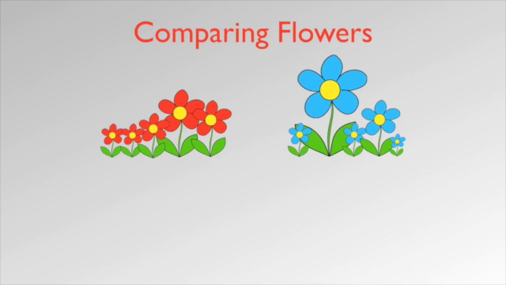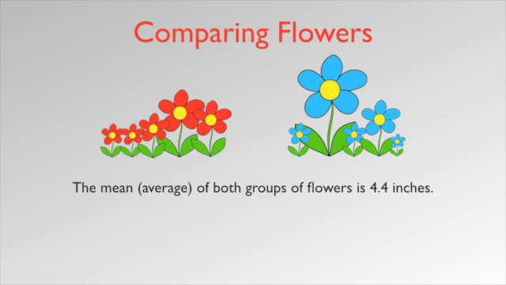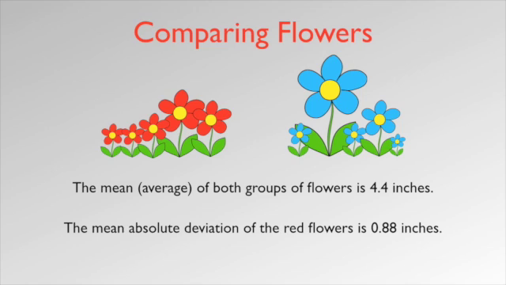So, to recap, in our comparison of the flowers, maybe the first thing that we would want to do is compare the averages. When we did that, we ended up with an average for both groups of flowers to be 4.4 inches. That doesn't tell the whole story though, because there's still an obvious difference in the heights of our two groups. So to do that, we calculated the mean absolute deviation.